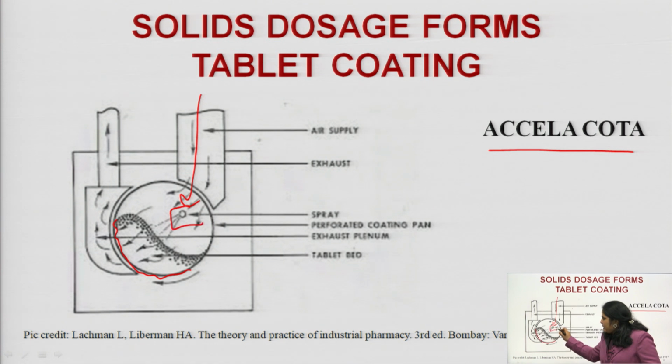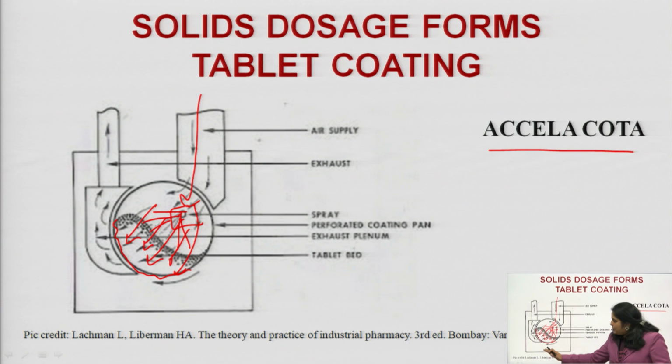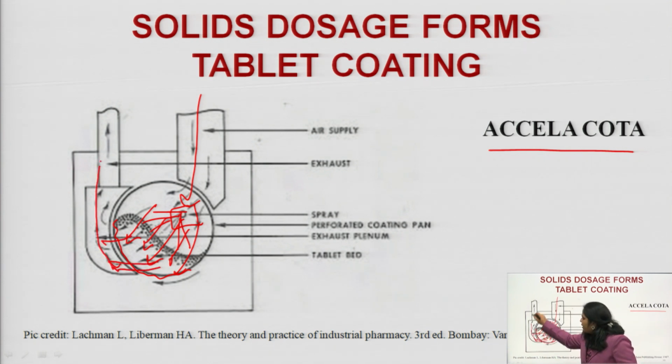There was a mechanism for spraying the coating solution on this tablet bed. Hot air is coming from here, and this hot air passes through, penetrating into the tablet bed, moving through the whole bed, and through this perforation it is going out.